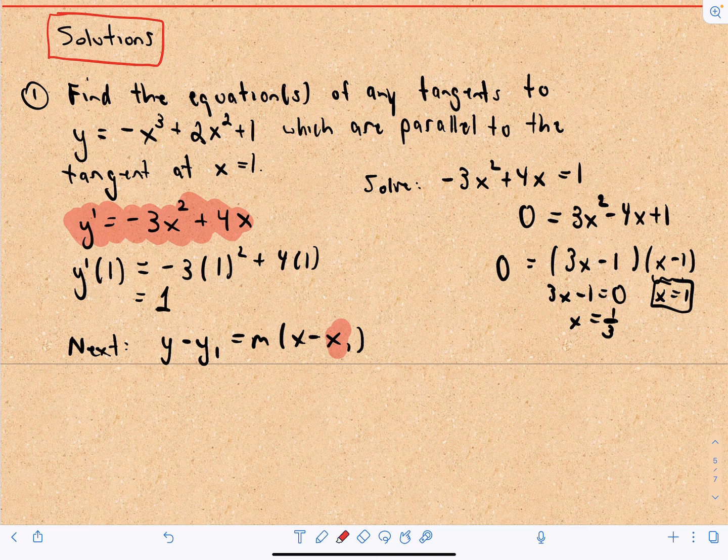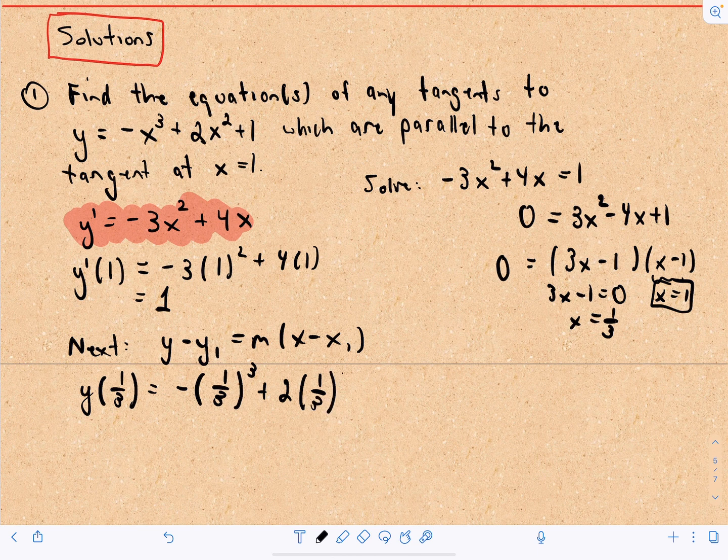So to figure out our y sub 1, well, our function evaluated at 1/3. So this is going to be a little obnoxious just because of the fraction. So we have negative 1/3 cubed plus 2 times 1/3 squared plus 1. So 1/3 cubed, that's going to be 1 over 27.